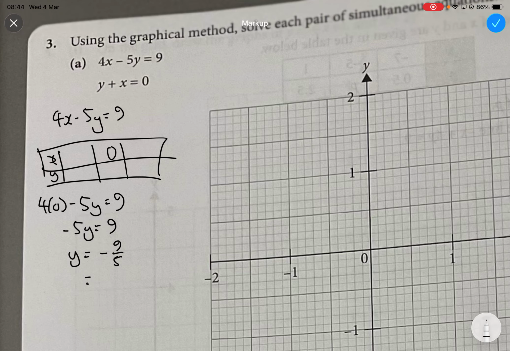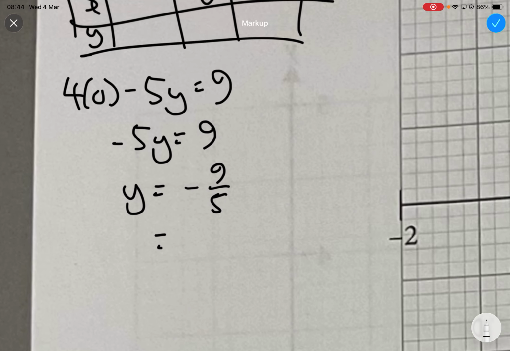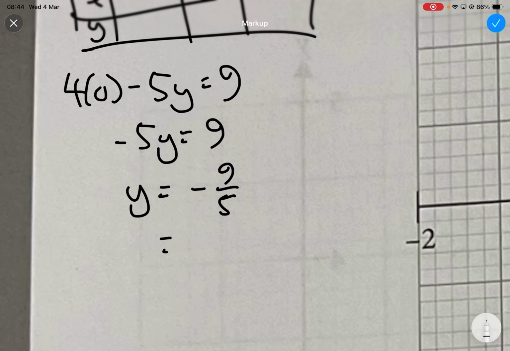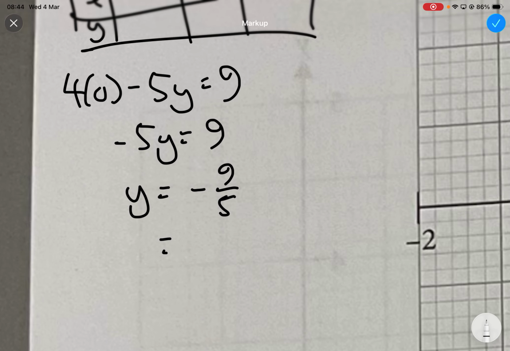Where? Why not minus? So you put 0 also what? 4x, x is 0.